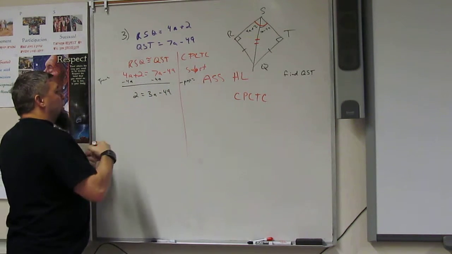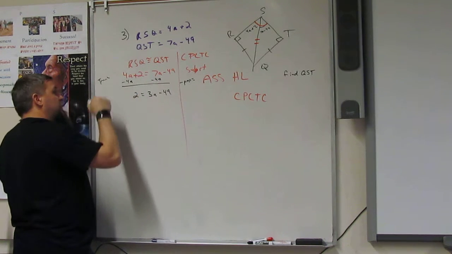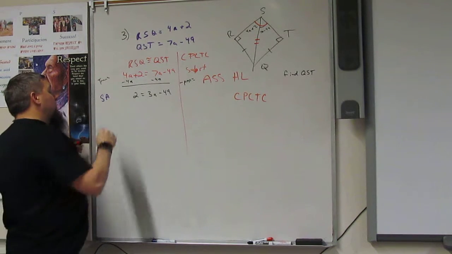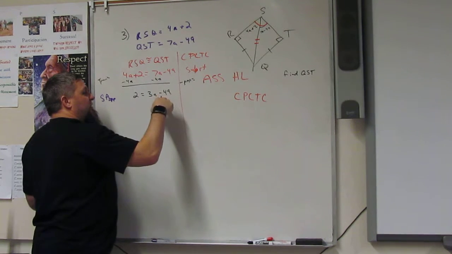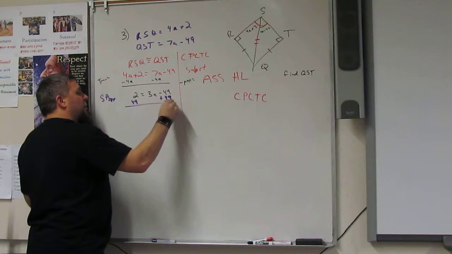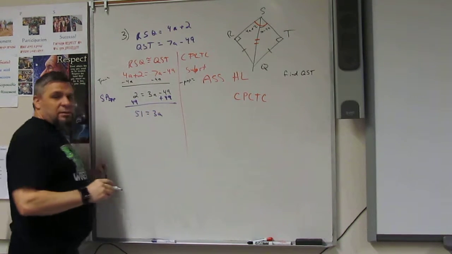Alright? So then, I'm going to get the a alone. This is stat mat. Start with SA. We always do the opposite. So the opposite of negative 49 is plus 49. What I do to one side, I do to the other. I get 51 is equal to 3a.